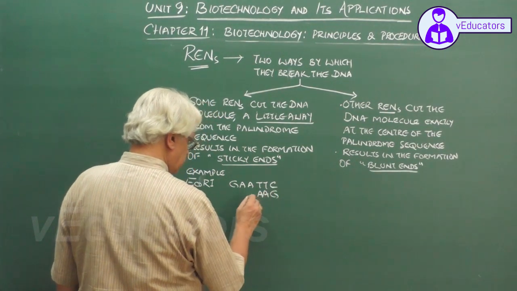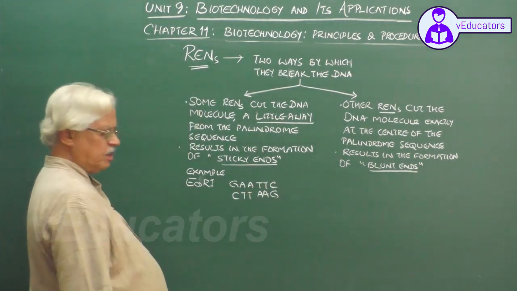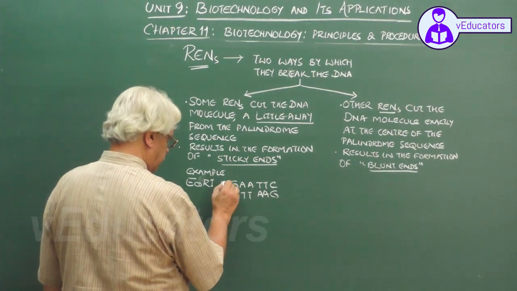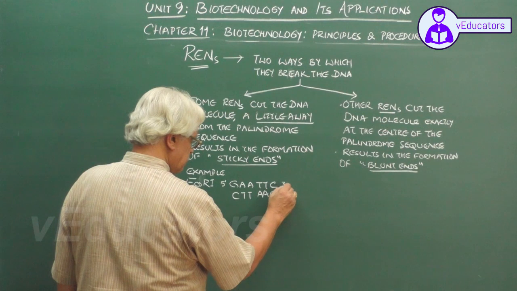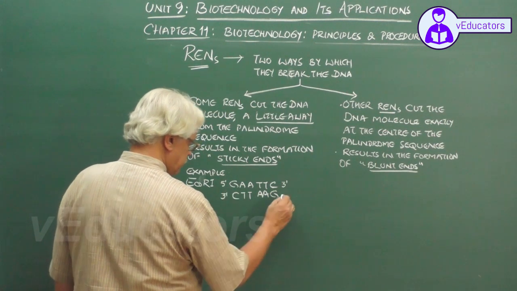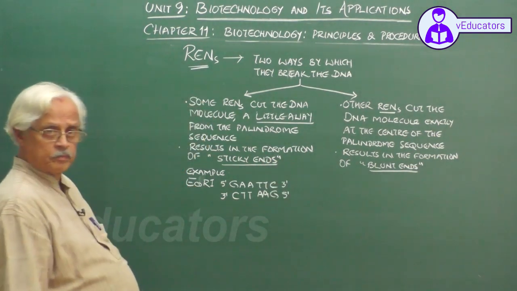So, from the other end also it is GAATTC. This is the 5 prime 3 prime end. This is the 3 prime 5 prime end.